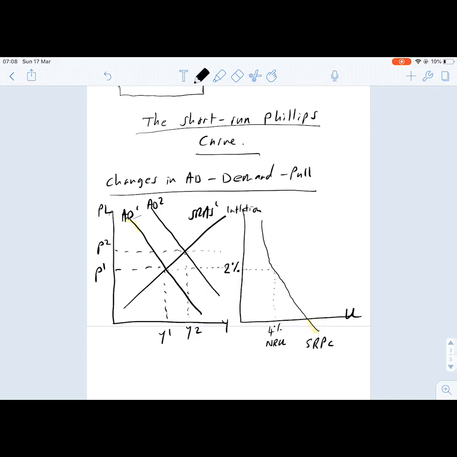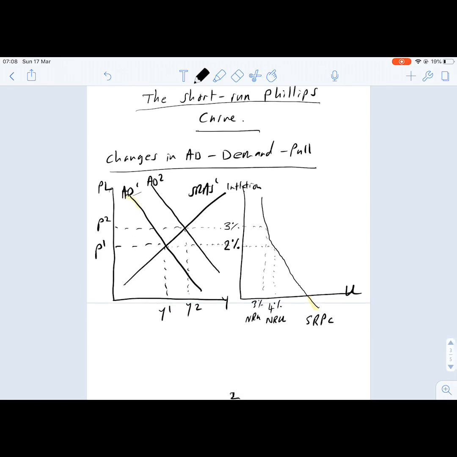So if we go up, that will be 3% inflation, and then the natural rate of unemployment will go down to 3%. So here, less people are unemployed, more people are working, more people have disposable income, they're demanding products. Firms exploit this by increasing inflation from 2 to 3%.